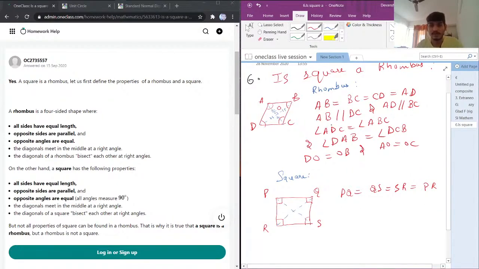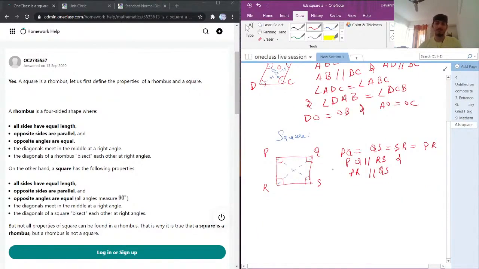For a square, the opposite sides are parallel to each other. So PQ is parallel to RS and PR is parallel to QS.